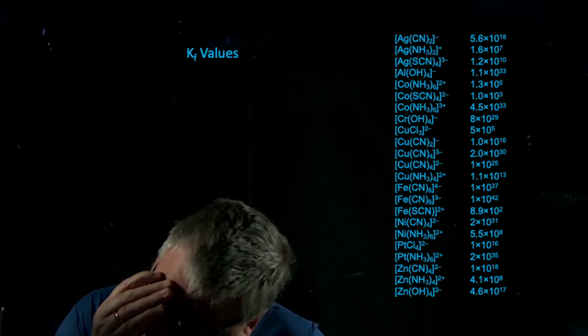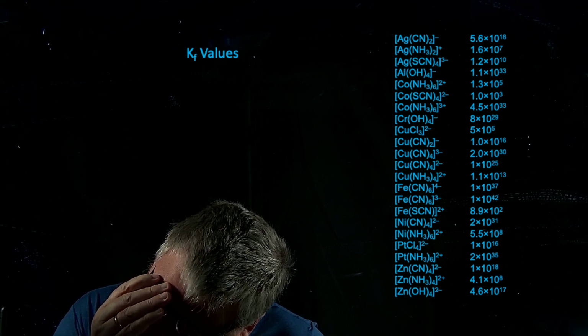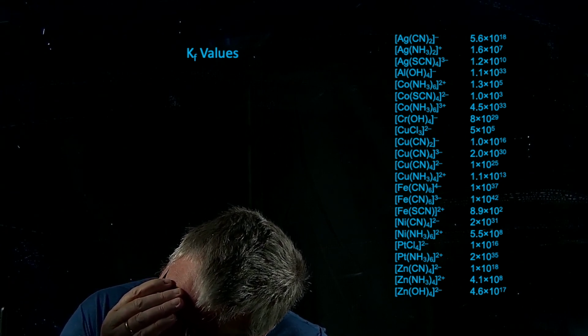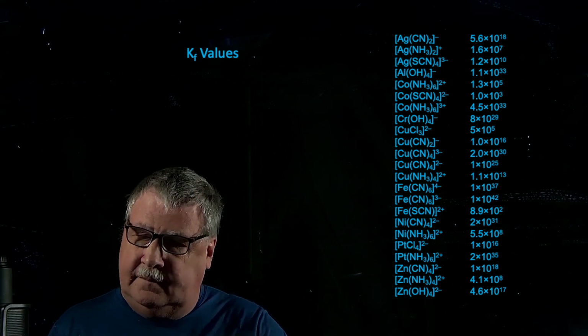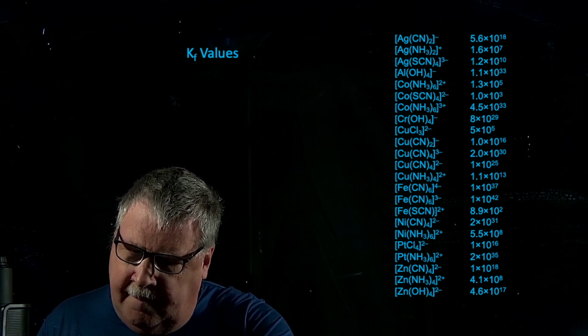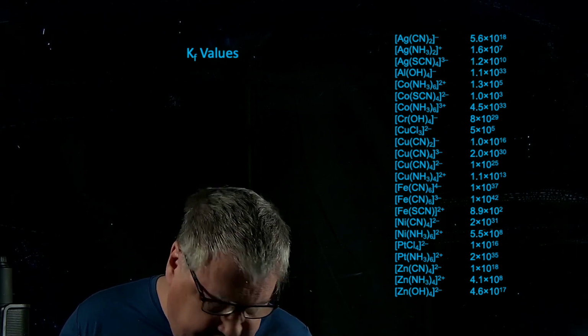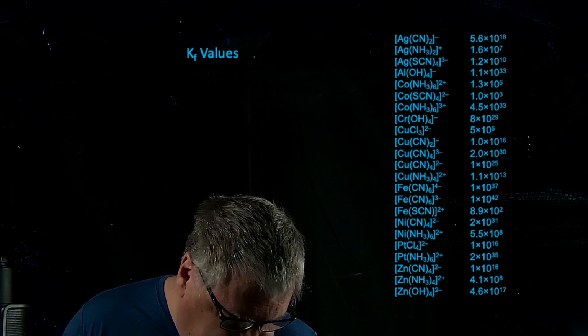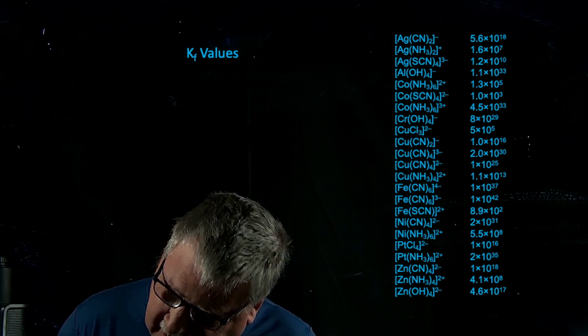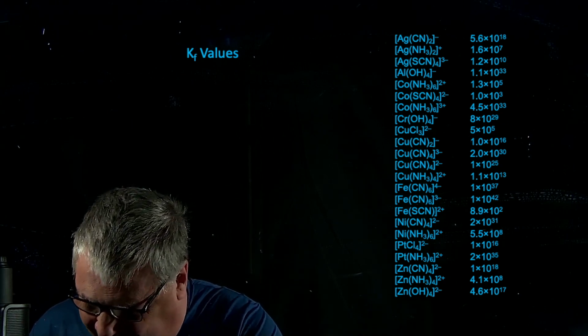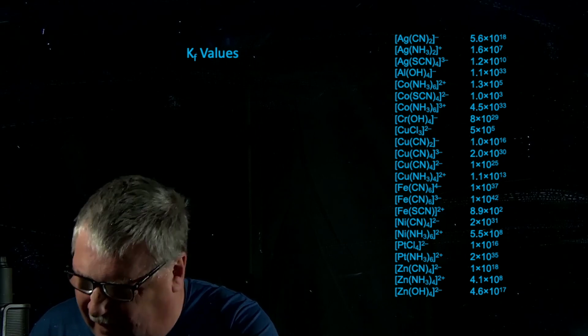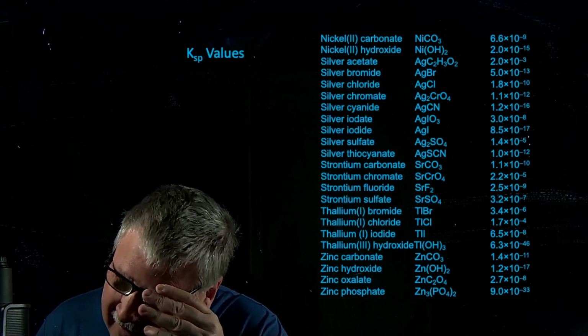and see if we can find the solubility product for zinc hydroxide. And I see it here. It's 4.6 times 10 to the negative 17th. Oh, wait, no, I'm sorry. That's not the solubility product constant. That's the formation constant. Let's try one more.